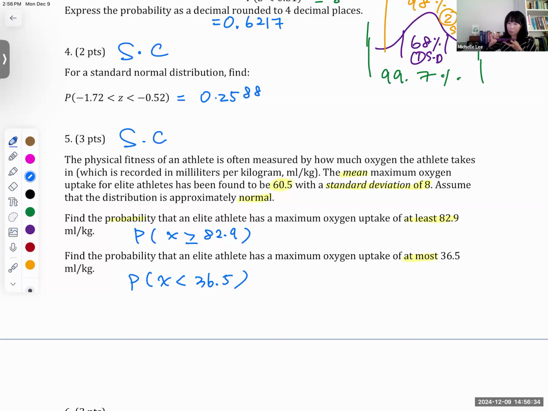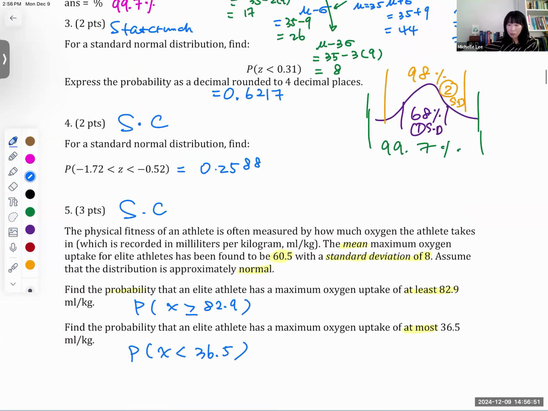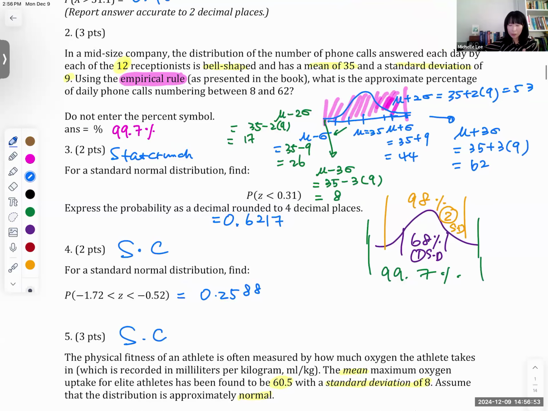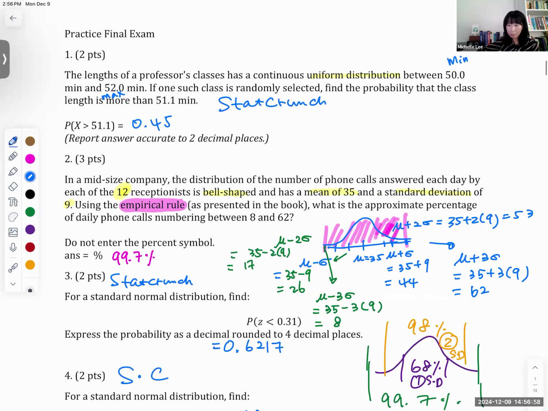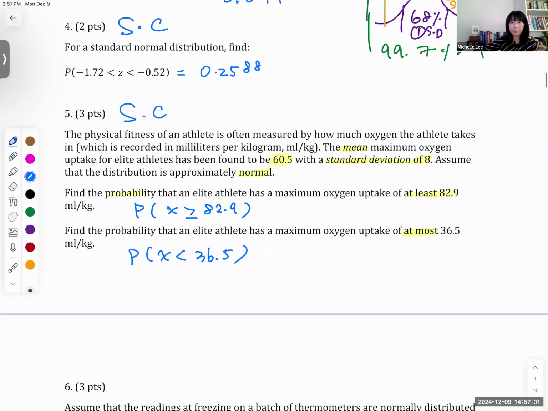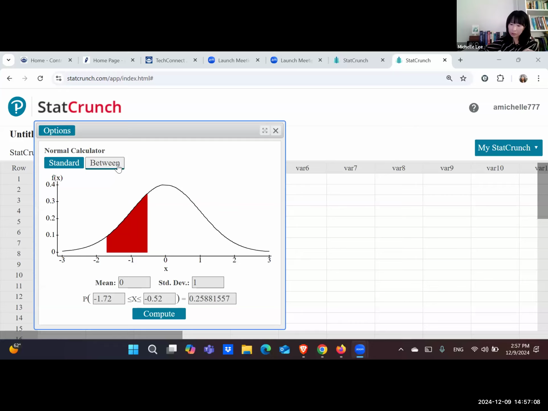So mean equal to 60.5, standard deviation is 8. We are using the StatCrunch normal distribution because they said normal, right? So this is a keyword we have to look for. If they say normal, then we use the StatCrunch normal distribution. All right. Let's go over.